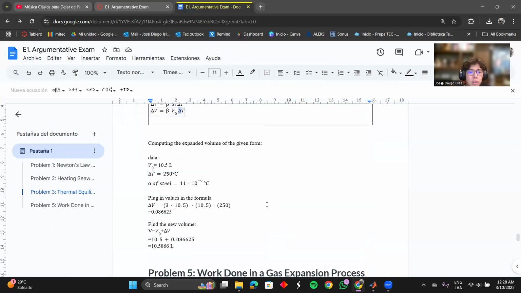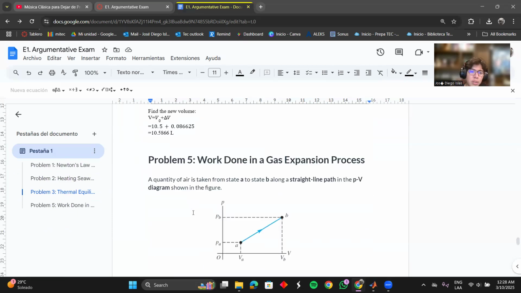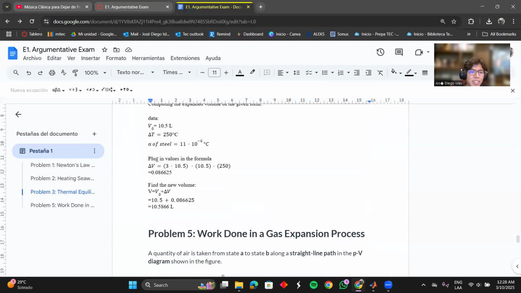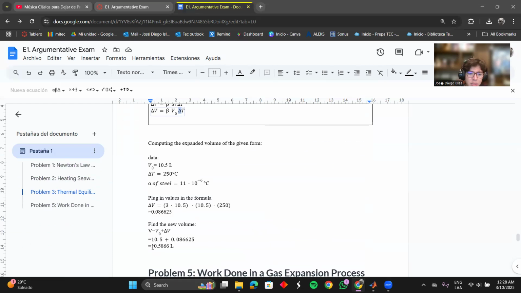So we get some values to know how much the volume of the object would be after expansion. We just calculate it and we get this.